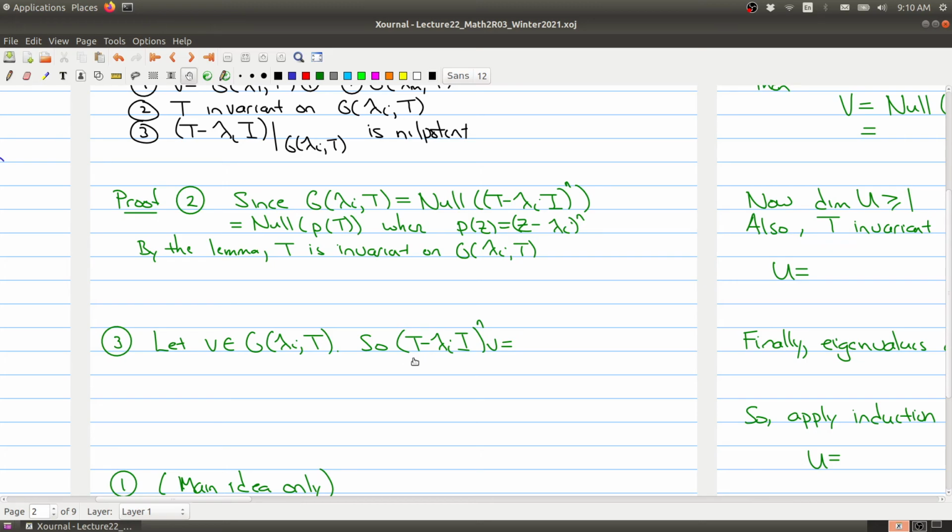That means that when I take (T minus lambda I) to the n times v, I get 0. And this is true for every vector. So T minus lambda I times the identity operator is nilpotent on the subspace G(lambda I, T). When we restrict to this space, everything gets sent to the zero vector. I'm going to pause here, and when we come back, we're going to talk about part 1 of this particular theorem.